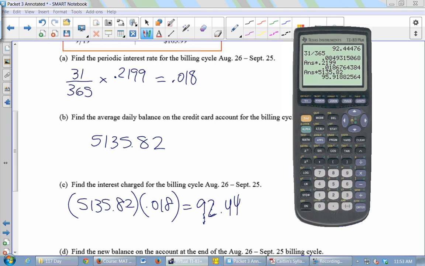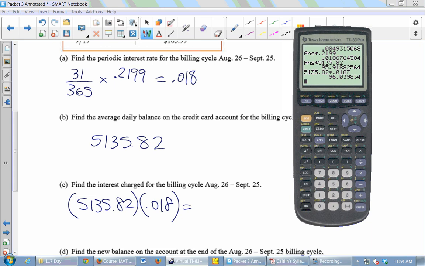So if you get somewhere around there, but not exactly, it's probably because you rounded something a little differently than I did. 96.04. What did you use as your decimal? There you go, 0.0187. So you rounded it, I didn't, and we came out 13 cents apart.